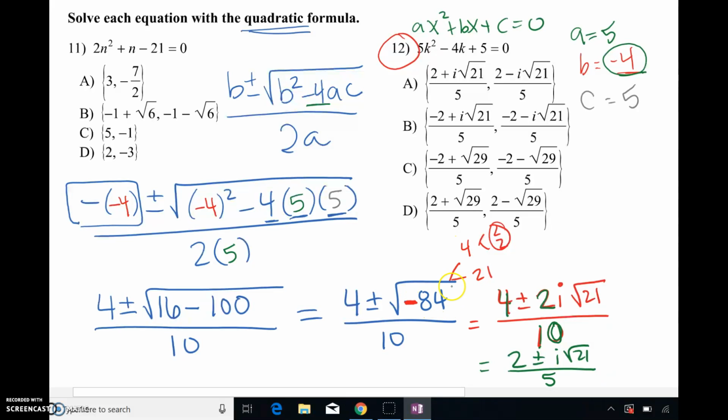I divided 84 by 4. Okay, so this is what I get. Which answer choice matches that? Well, C has a -2 and a -2, so it's not that. B has a -2 and a -2, so it's not that. So now I have to decide, is it A or is it D? Well, A, yeah. This one's radical 29. That's not what we're talking about, so it has to be A.